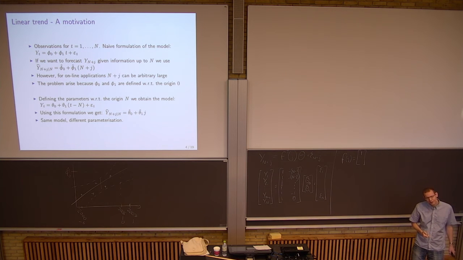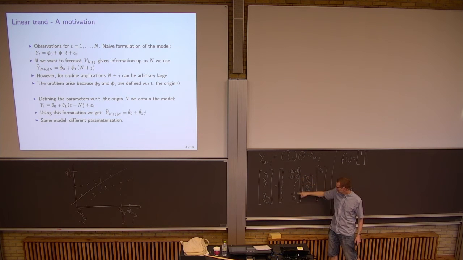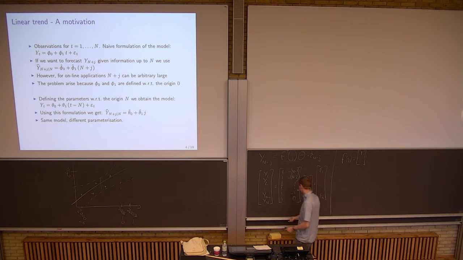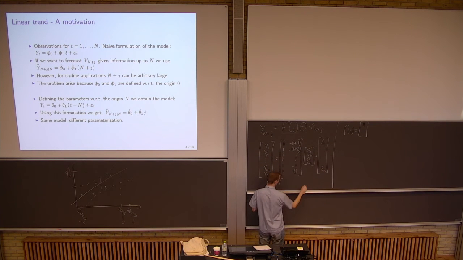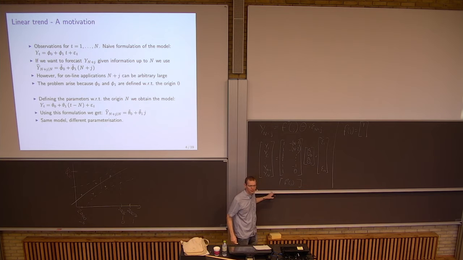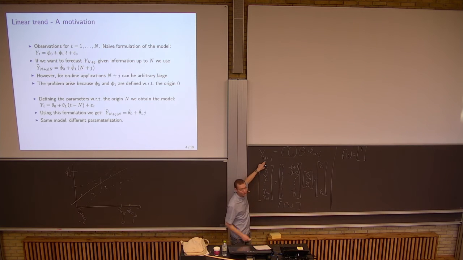Sorry? No, that's only if you want to forecast. But we want to be able to say that this matrix here has rows. Each row is f transpose of j, the right j, so to speak. And j here is the relative time. j is the difference in time from the last observation.